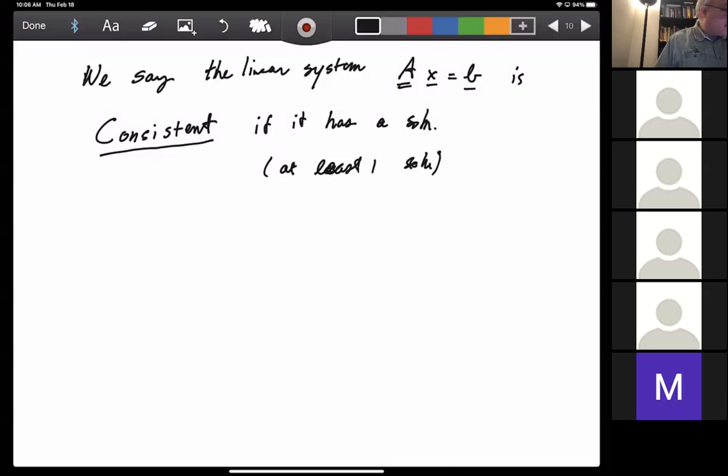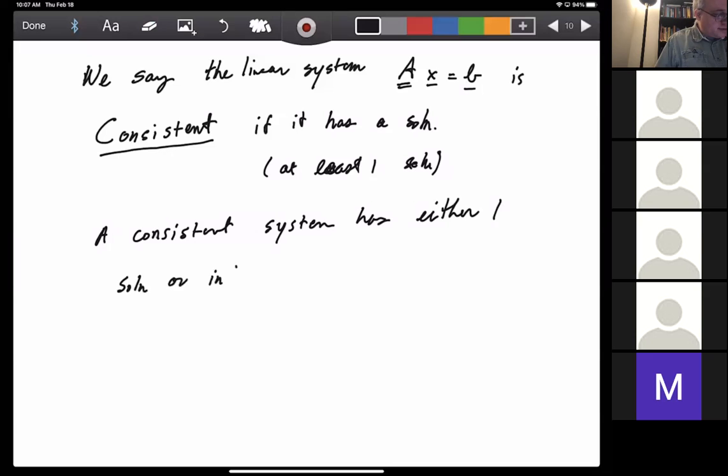Okay, so it could be unique, or it could have infinitely many solutions. If it's a linear system, you can't have a situation where there's 2 solutions or 10 solutions.